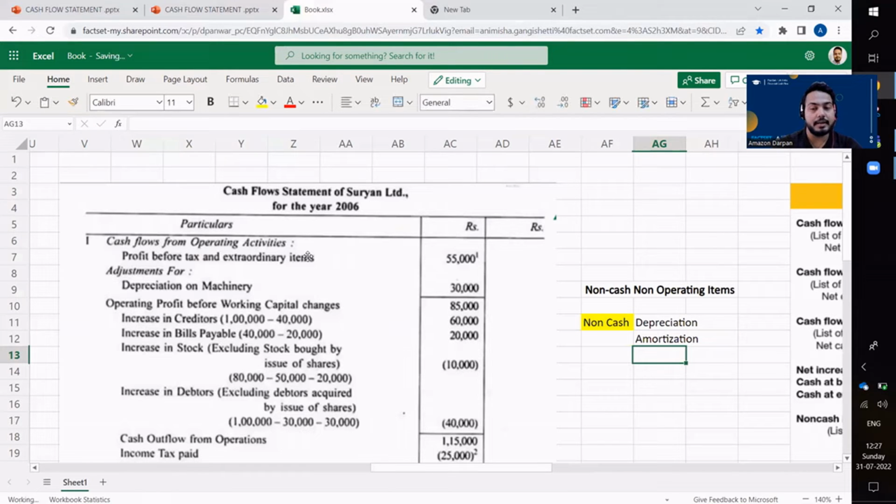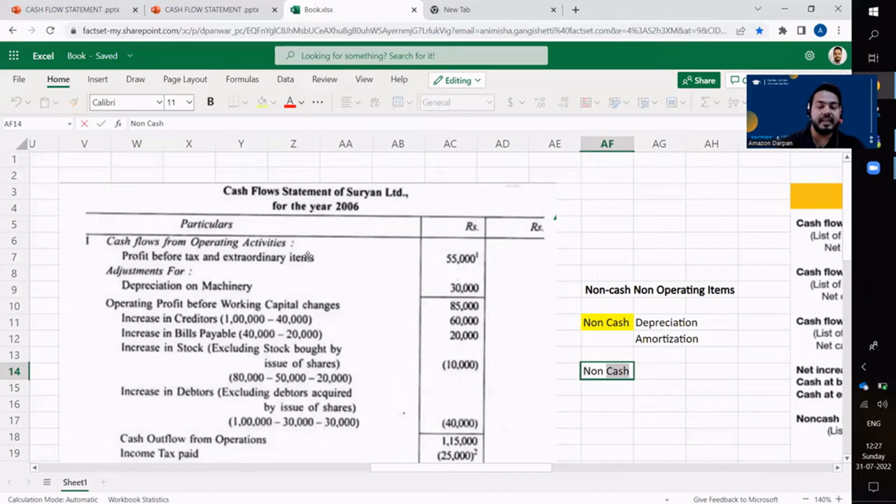As you all know, amortization is just like depreciation. Depreciation is on tangible assets which you can see, feel or touch, but amortization is charged only on intangible assets like goodwill or trademarks or anything like that. So those are non-cash items.